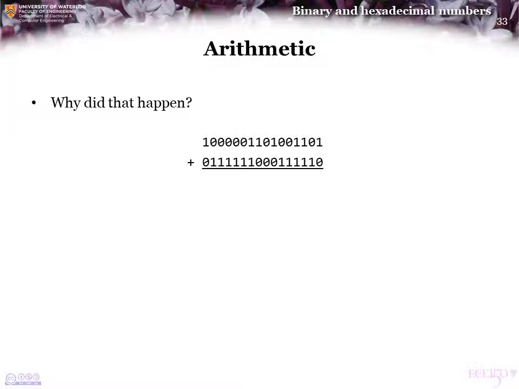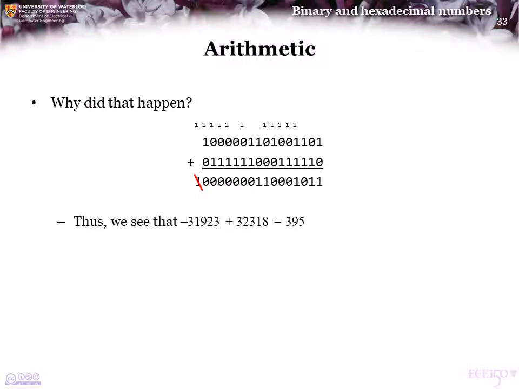If we now add these two numbers together, we have a number of carries, but we're going to ignore the leading one. Therefore, the sum of these two numbers is 110001011, which is 1 plus 2 plus 8 plus 128 plus 256. This equals 395, which is the sum of these two values, as expected.